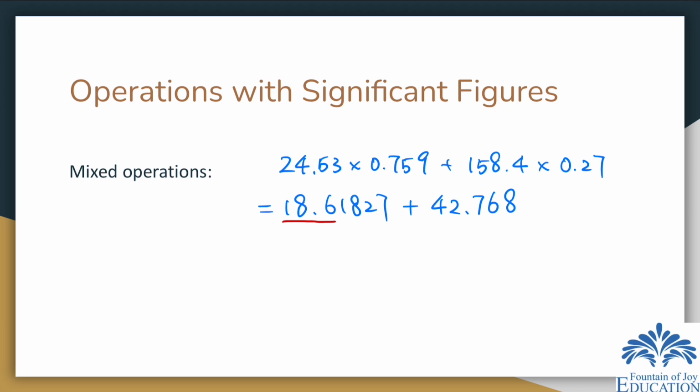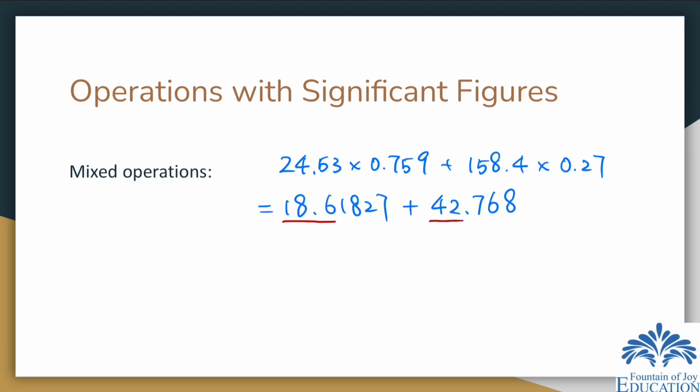And I'm going to use the red underline to indicate those are my significant digits. In the second multiplication, 0.27 has only 2 significant figures. Therefore, in the answer to that multiplication, only 2 sig figs can be used.